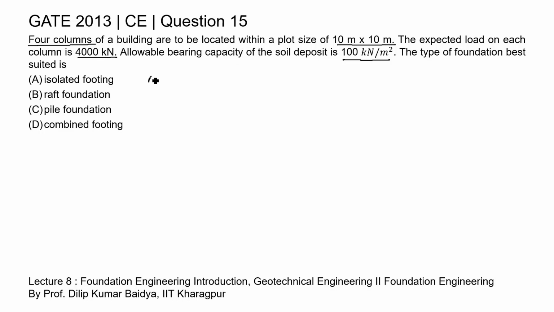So the area for one column will be 4000 by 100, so this is 40 meter square, and since 4 columns need to be placed, for 4 columns the required area will be 40 into 4 which is 160 meter square, but we have the plot size of 10 by 10, that is 100 meter square only.